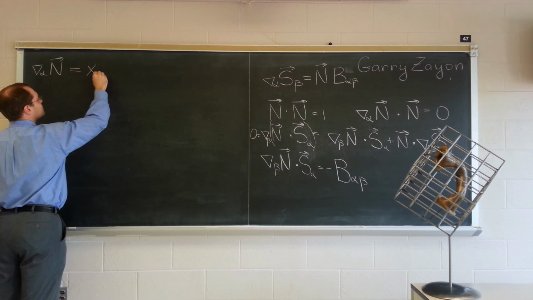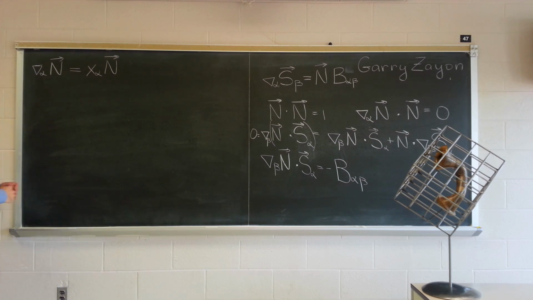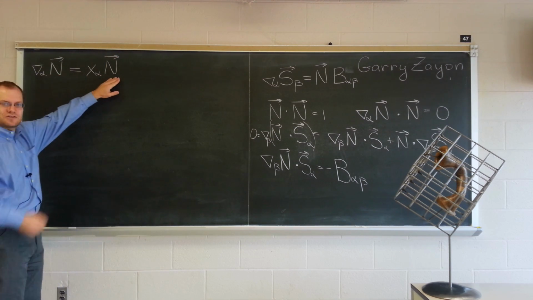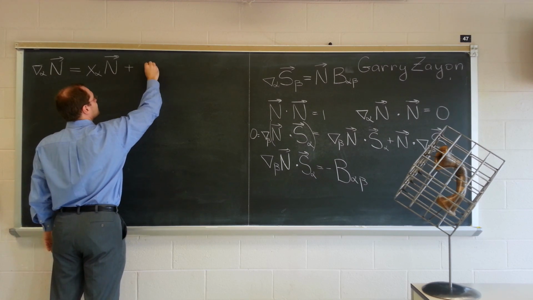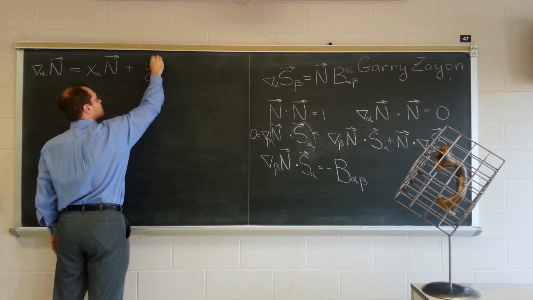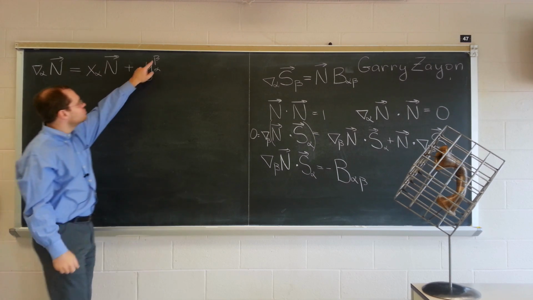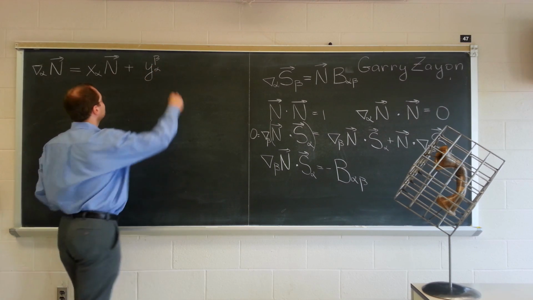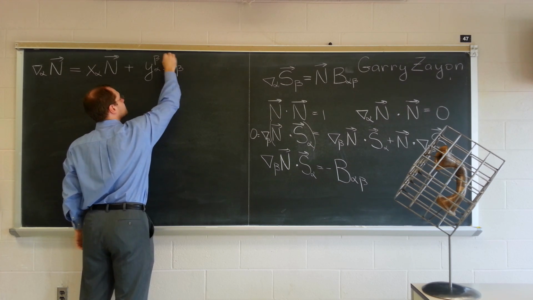So x times the normal, that's the component of this vector in the normal direction, plus in the tangential direction, that's two-dimensional, we have a 2 by 2 set of numbers, 2 numbers for each of the vectors, times S beta.